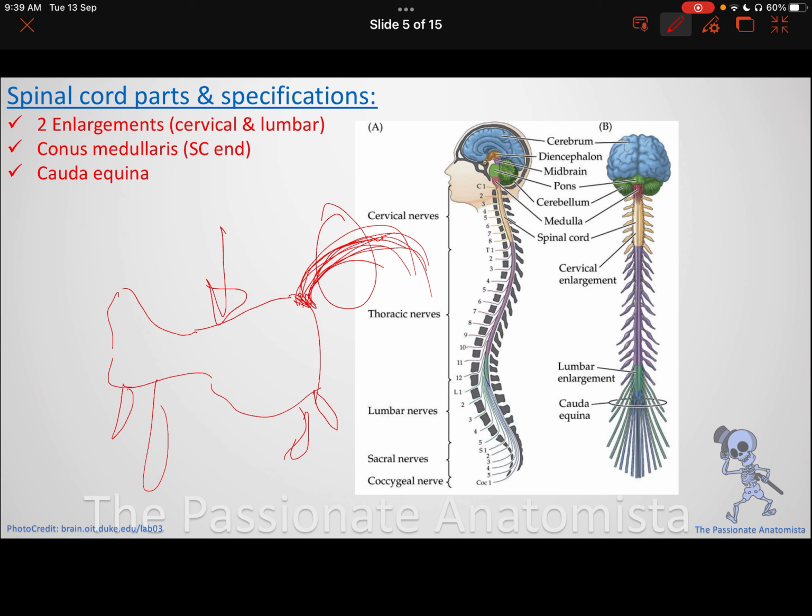It's basically the spinal nerve roots that are below the level of L1, because at the level of L1, the spinal cord finishes, and then we need the spinal nerves to exit through their foramina, right? But what can I do? The spinal cord finishes at L1, and I have spinal nerves for L2, L3, L4, L5. So what can I do?